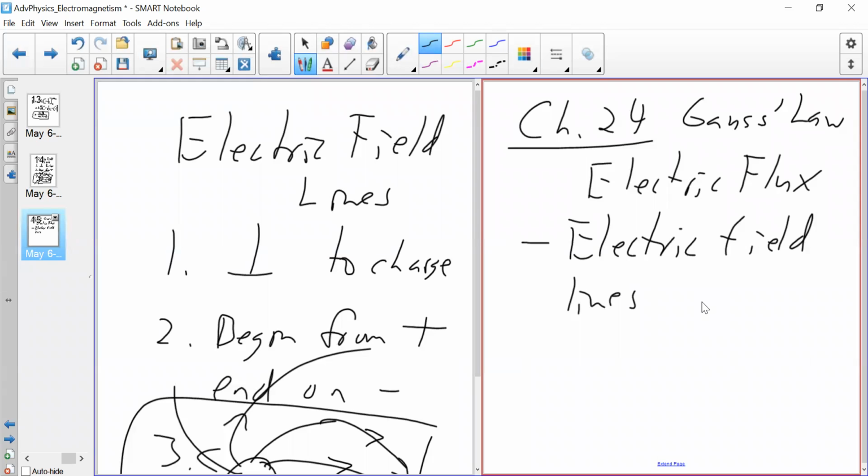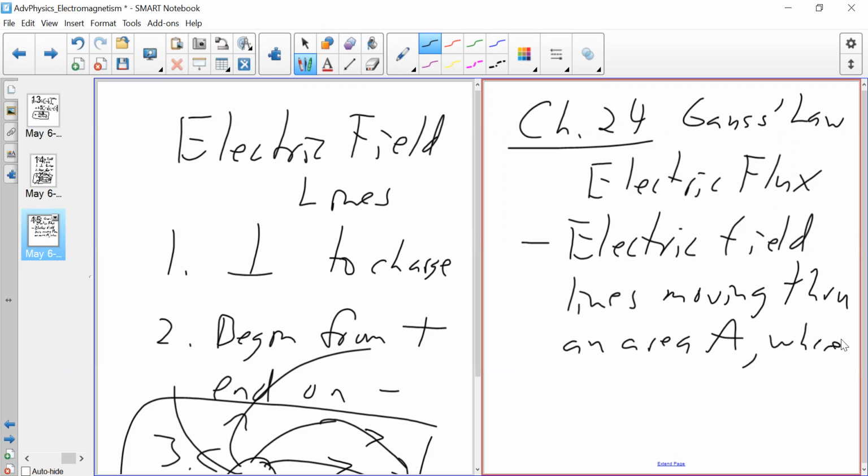Electric field lines moving through an area A. So we talked about cross-sectional area. Whose plane is perpendicular to the field? All right, that's a bunch of words.